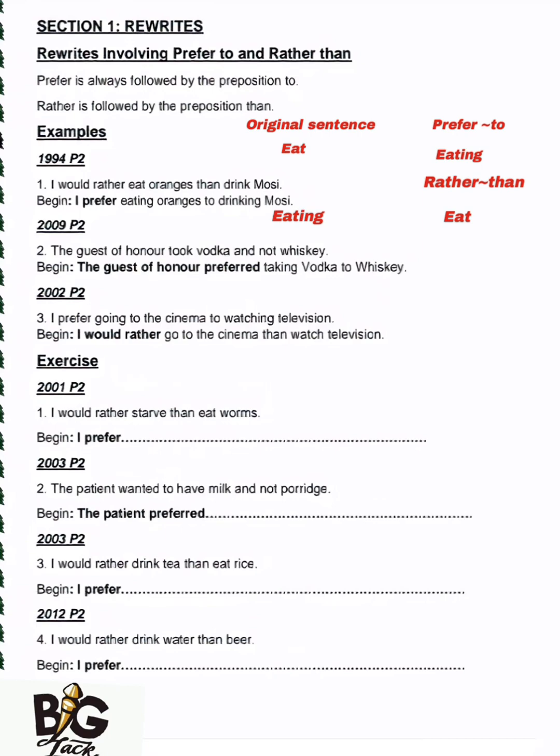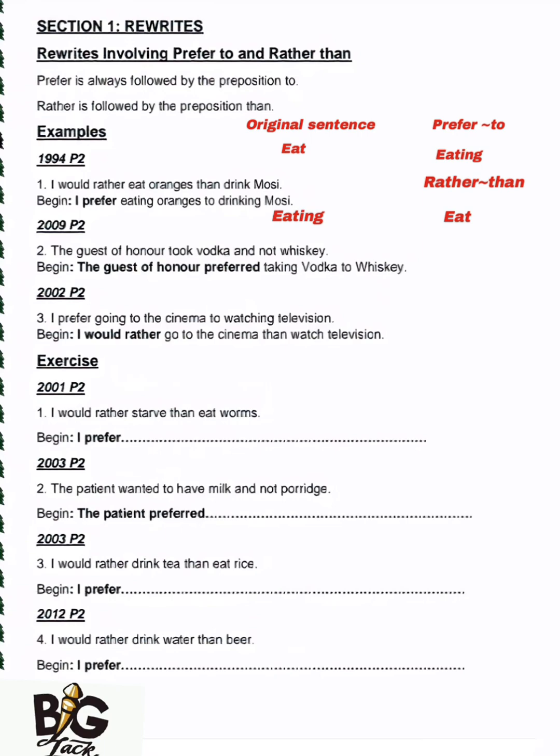Begin, the guest of honor preferred. Where there is took, you can't say tooking, but you can say taking as a present continuous tense. So the guest of honor preferred taking vodka to whiskey. Preferred taking what? Vodka to whiskey. As you can see here, they have omitted the 'and not' before whiskey.